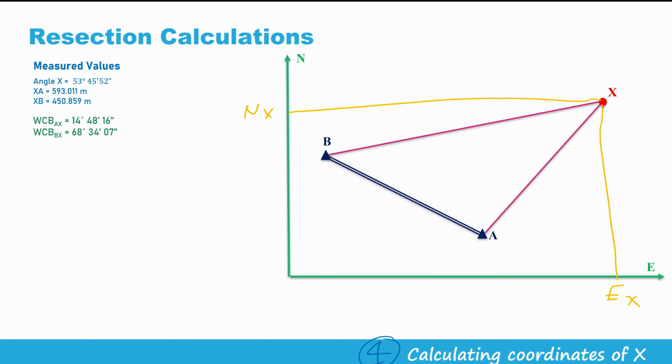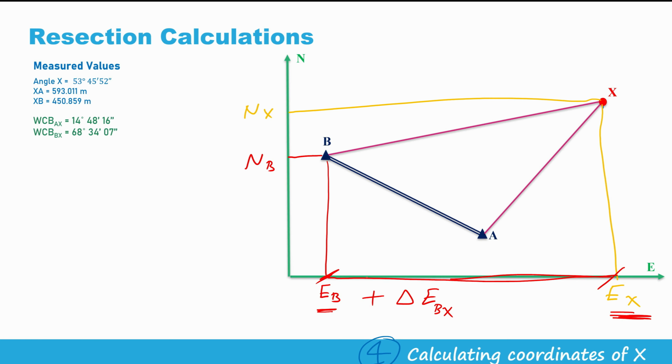Now we can calculate the coordinates of X as well using station B, because we know this is easting of B, known, and this is northing of B, known as well. In this case, easting of X would be easting of B, which is known, plus the change in easting between B and X, which is this distance from here to here. This is what we are going to calculate now.